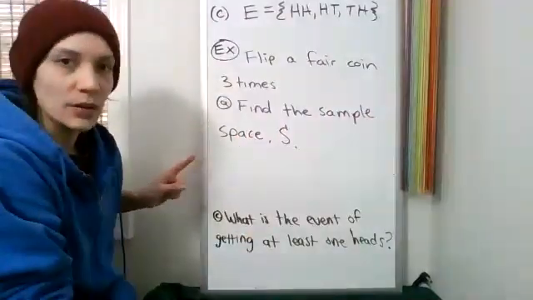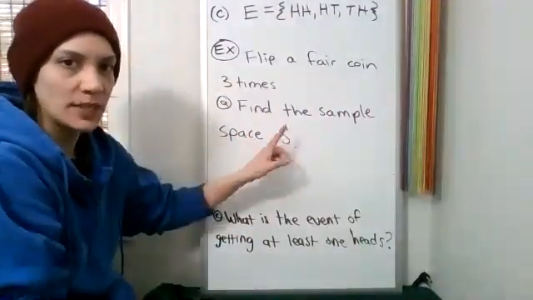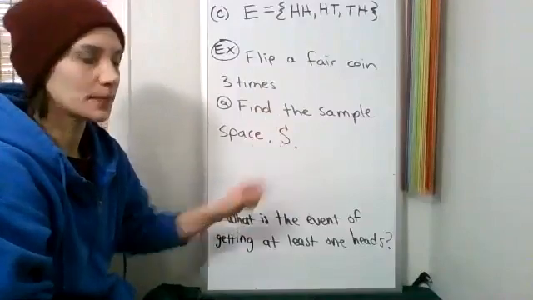All right, we're going to list out all possible outcomes and then put them in a set. That will be the sample space.